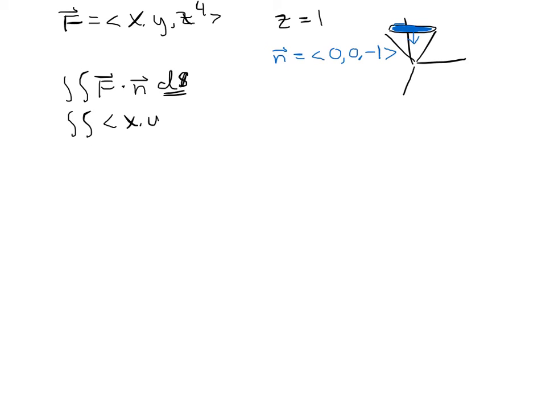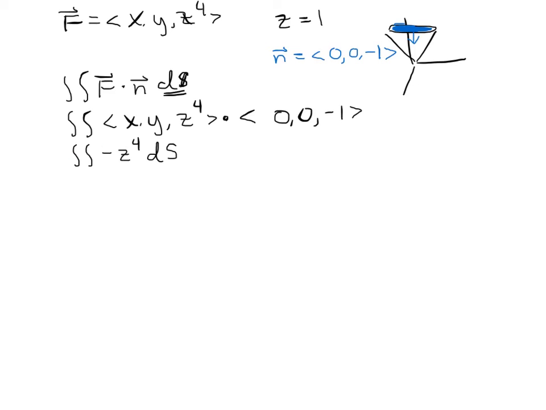So x, y, z to the 4th, I'm going to dot that with the normal vector 0, 0, negative 1. If I do that dot product, I get 0 plus 0 minus z to the 4th dS. Now I have a surface integral to look at.